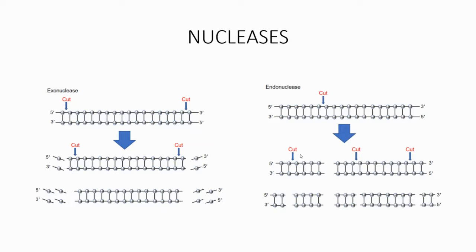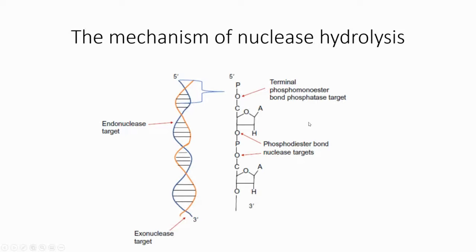They hydrolyze the internal bond, and when the nuclease hydrolyzes the ester bond in the phosphodiester, this is a phosphodiester bond, the ester bond, they have a specificity for either side of the ester bond, and then they generate 5' nucleotide or the 3' nucleotide.